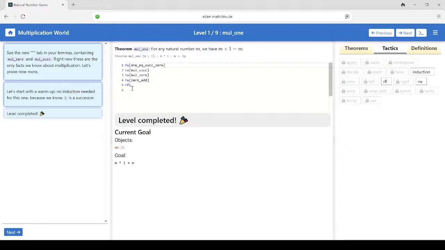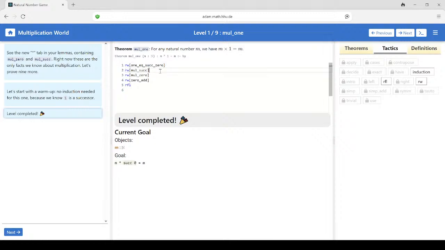Oh, well, it's already showing us our answer. But for this one, we needed to prove that something times 1 equals itself. And I started with... I turned 1 into the successor of 0. Oh, and then I used multiply successor.